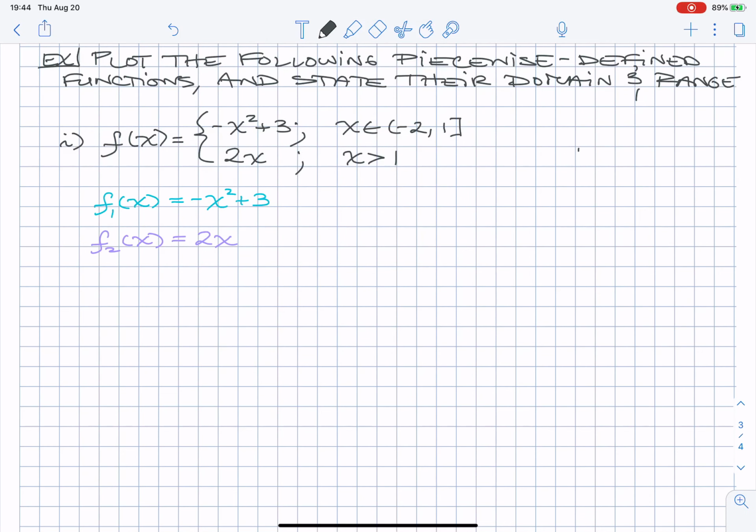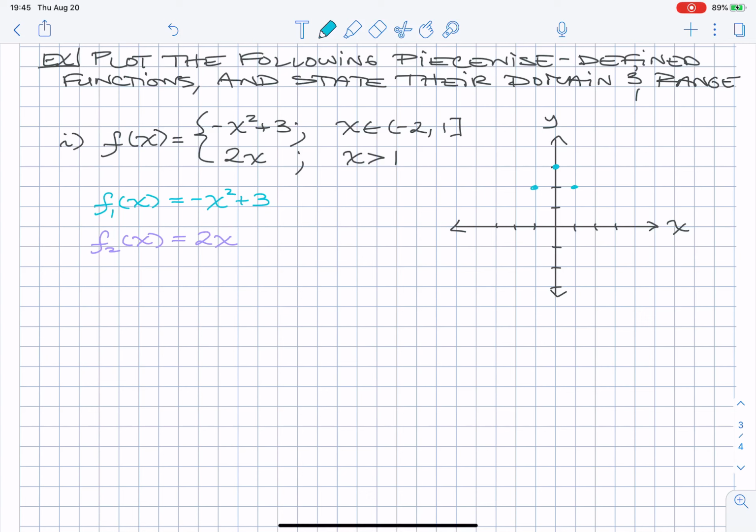So x and y coordinate axes, with 1, 2, 3 marked on each. If I were to plot negative x squared plus 3, it's an upside down parabola shifted up 3 units, or I could plot points if I didn't know what it looked like.